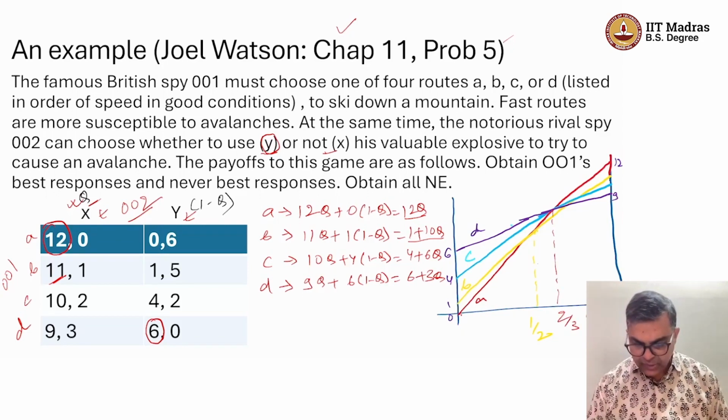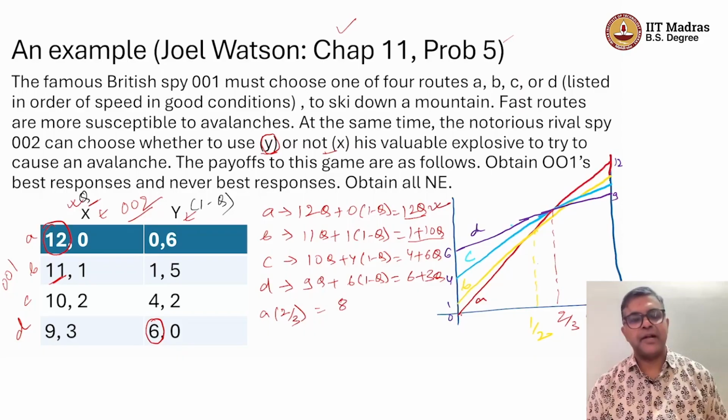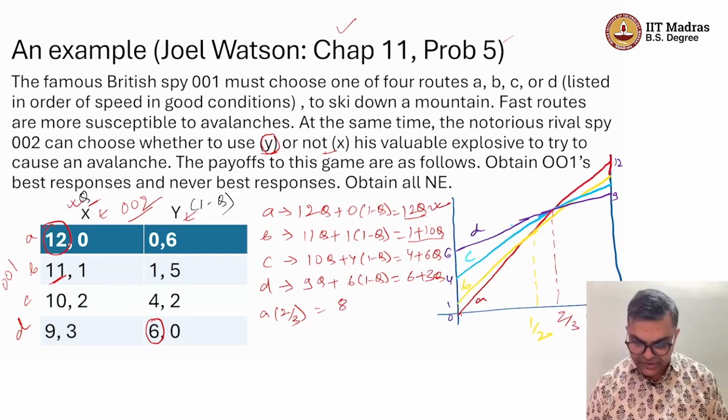One can check the payoff when player 2 is mixing between X and Y with probability 2 by 3 and 1 by 3. From this formula it is 8, because 12 multiplied by 2 is 24, divided by 3 is 8. B at 2 by 3 is going to be 1 plus 10 multiplied by 2 by 3, that is roughly 7.667.